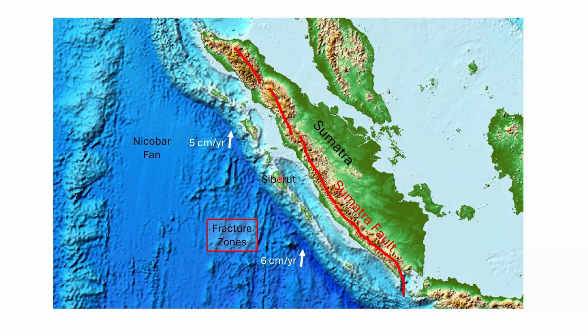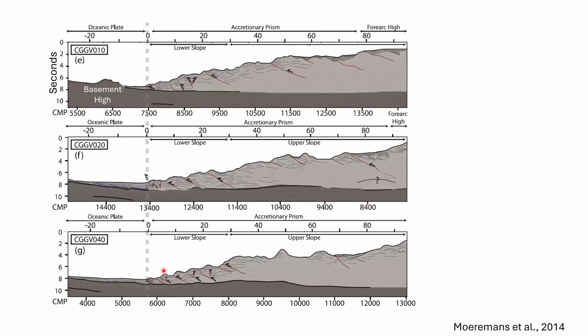So this island is called Siberut, and I'm going to show you next some seismic profiles in this area. This is going north from the southern part of Sumatra up towards the central area. So this is the southernmost profile, middle one, and the upper one.